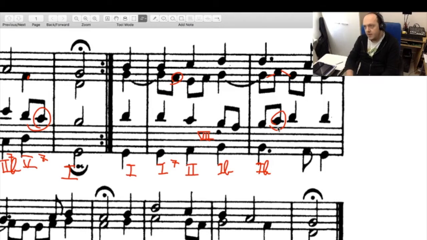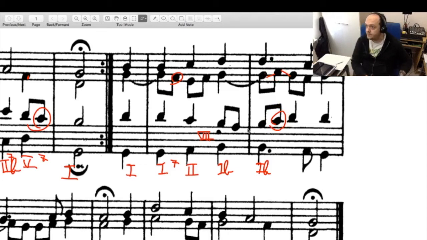Then it goes back to being everybody happy and everybody agreeable on beat 2. So yeah, okay, it's just two non-chord tones. I have an upper auxiliary there, and I have a passing note there.